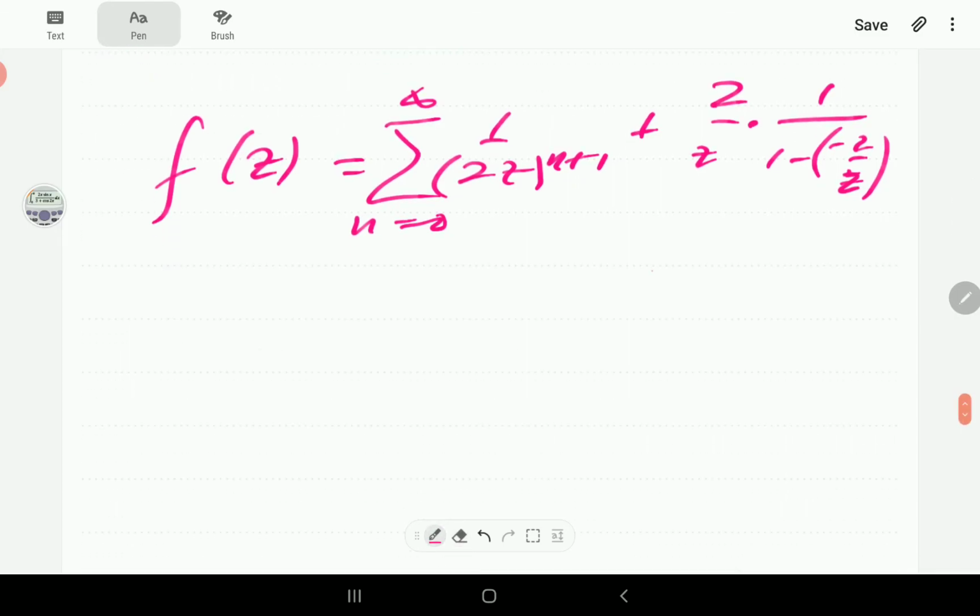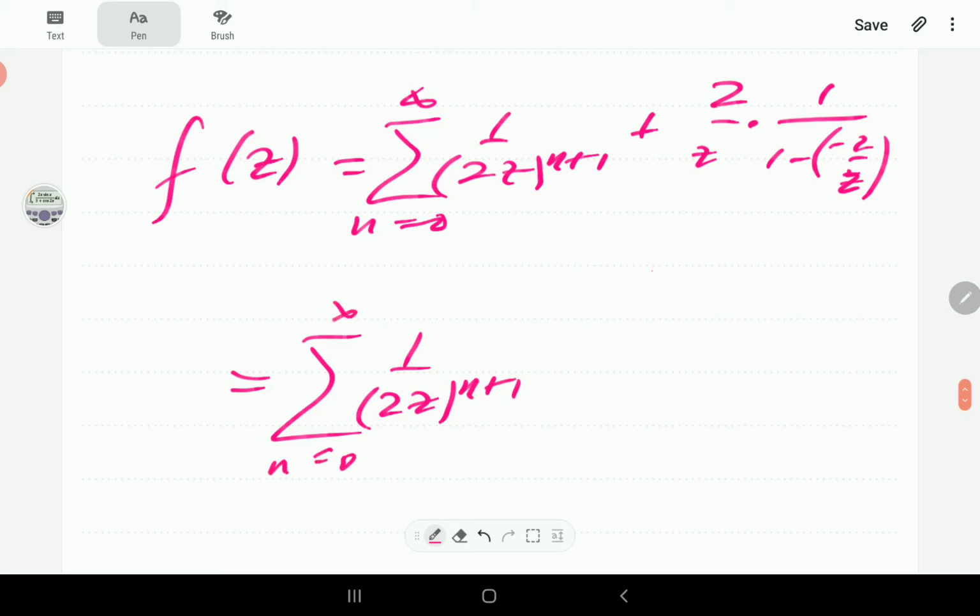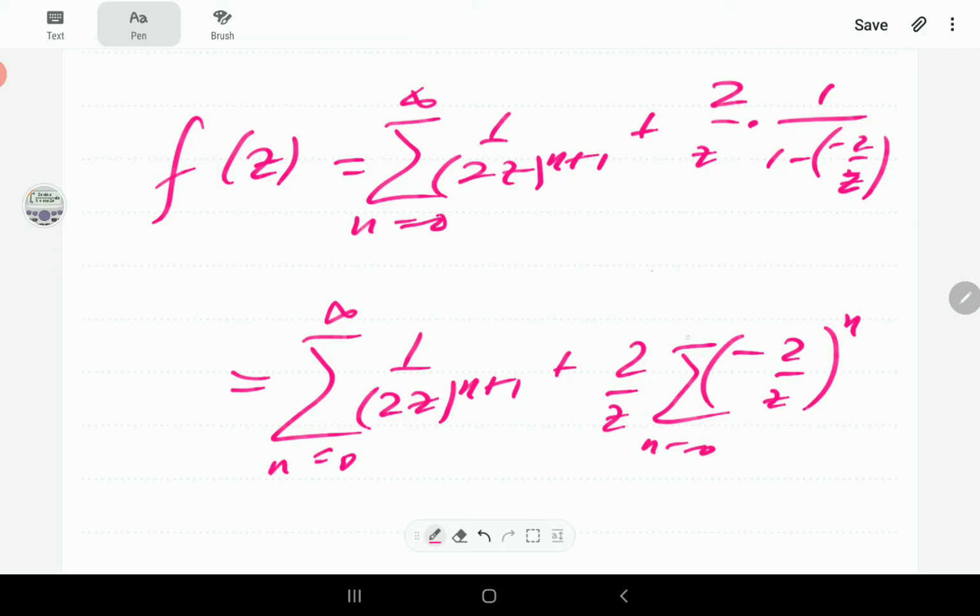Then we use the geometric series result, n plus 1 here. So that's going to be 2 over z, summation of negative 2 over z to the power of n, n equals 0 to infinity.